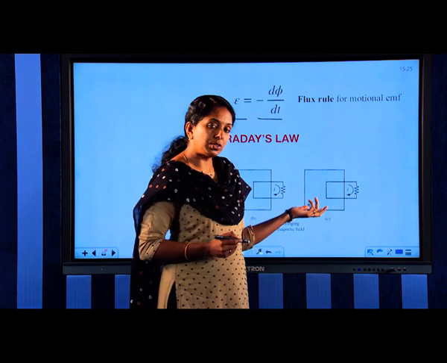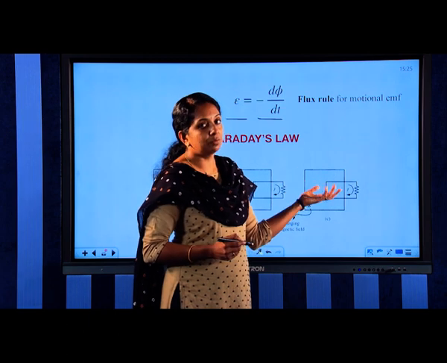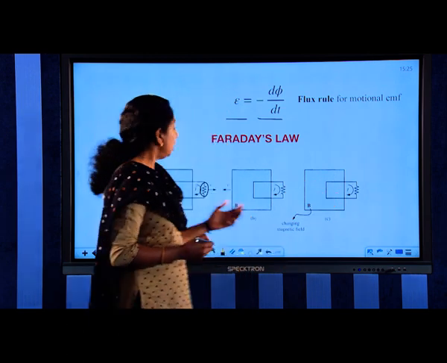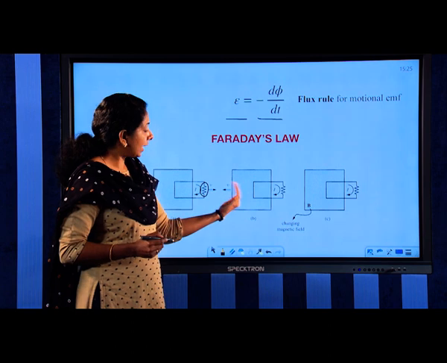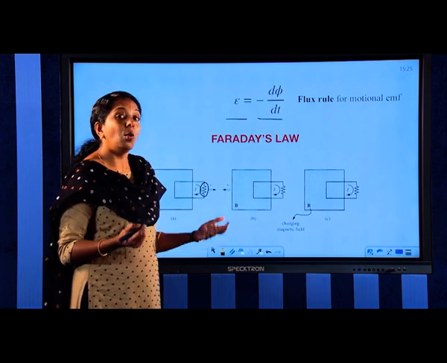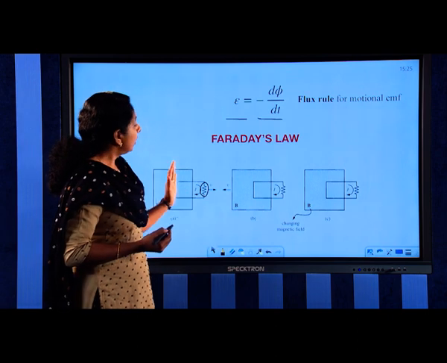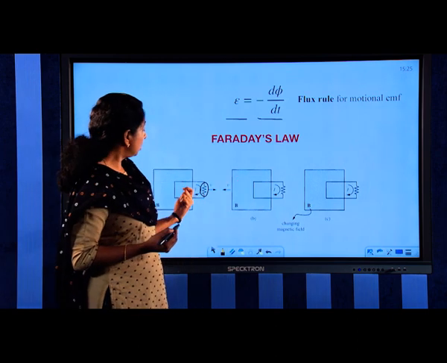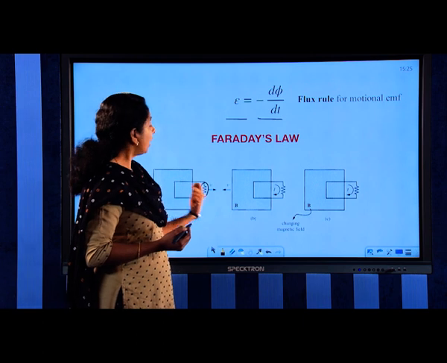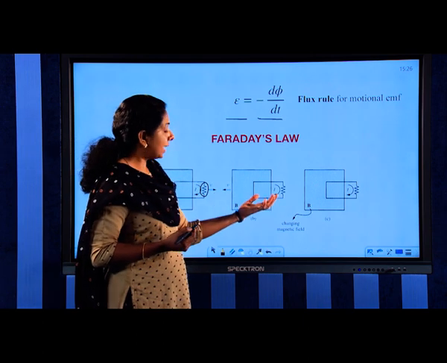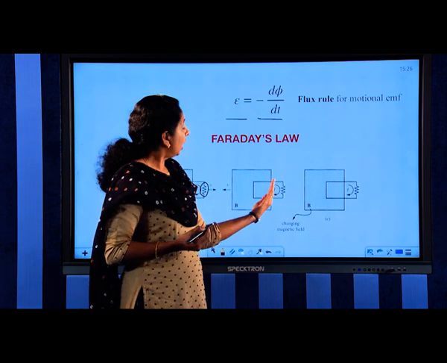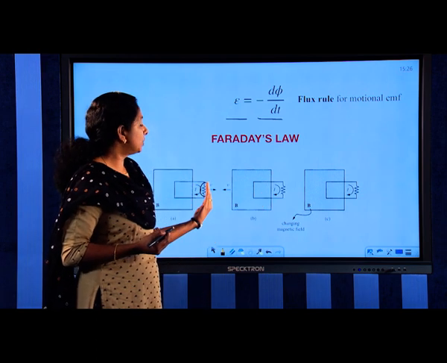In this situation also we have seen that current is flowing through the circuit. So, if we compare the first and second situations, we can see that the only difference is the relative motion between magnet and loop, that is in the first situation we moved the loop to the right with some speed, but in the second situation we moved the magnet to the left with some velocity v.